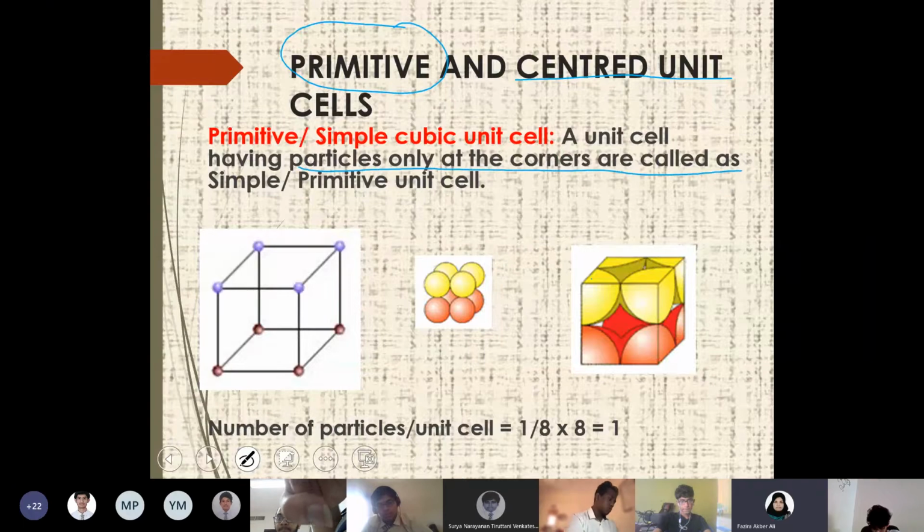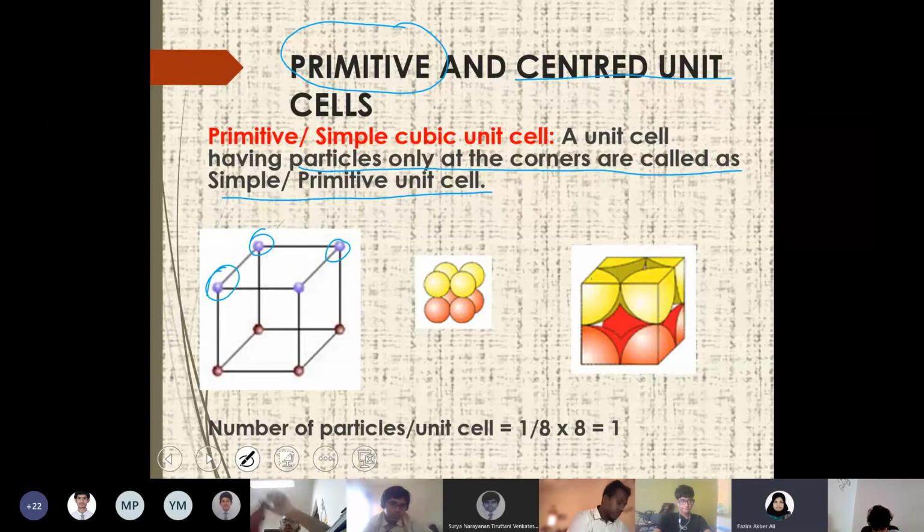That is the very basic arrangement possible for a cube, and that is what is known as a primitive unit cell or simple cubic unit cell.